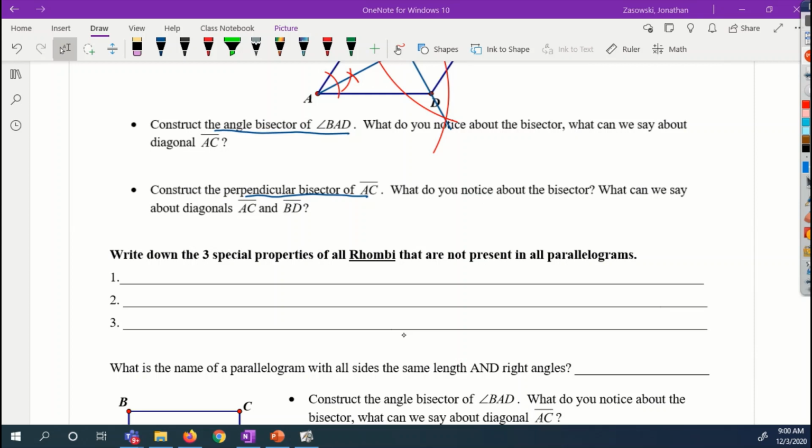So the three properties of a rhombus we talked about yesterday are that all sides are congruent, that the diagonals are perpendicular, remember, that means that they form 90-degree angles, and that the diagonals bisect the angles.